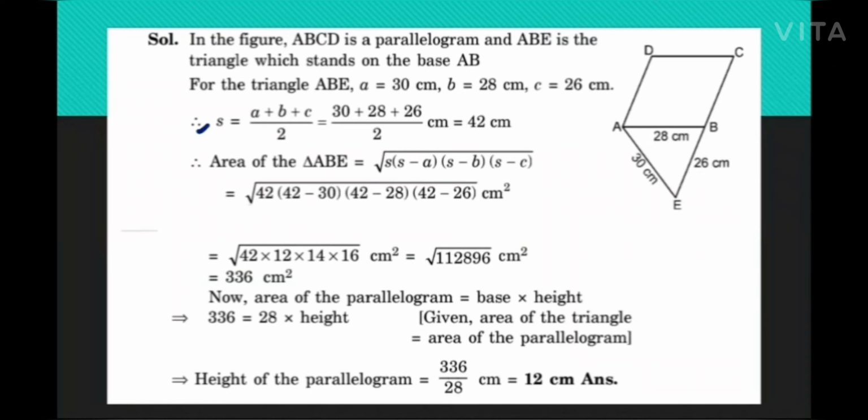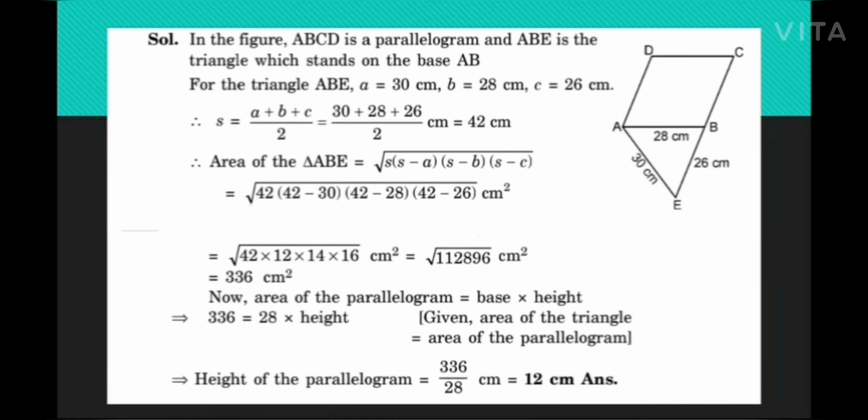Now as you can see, this diagonal is dividing the rhombus ABCD into equal triangles, and for triangle ADC and triangle ABC, the dimensions are given. For triangle ADC, sides are 30, 30 and 48. Same for triangle ABC, 30, 30, 48. So you can easily find the area of either triangle.